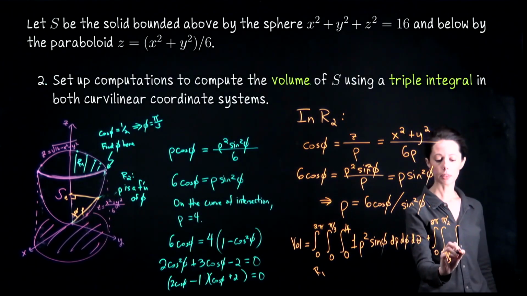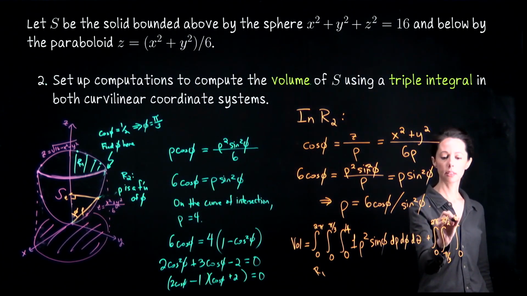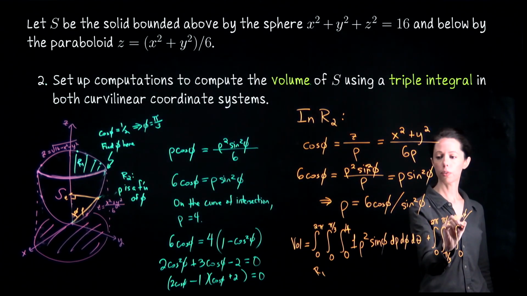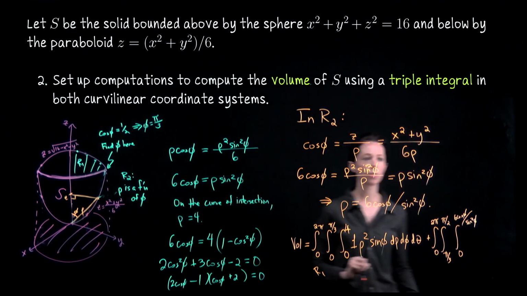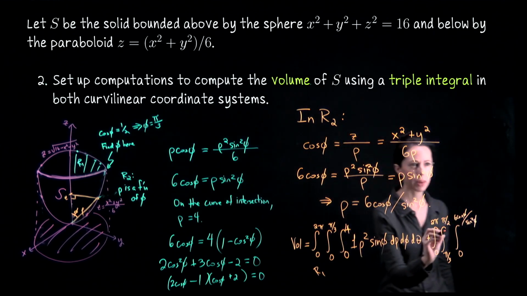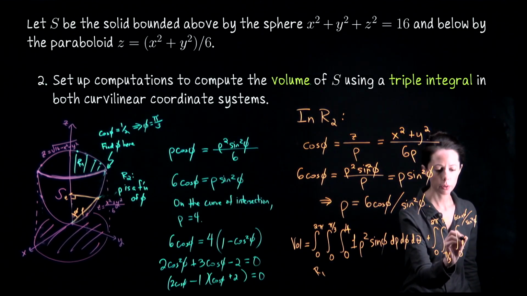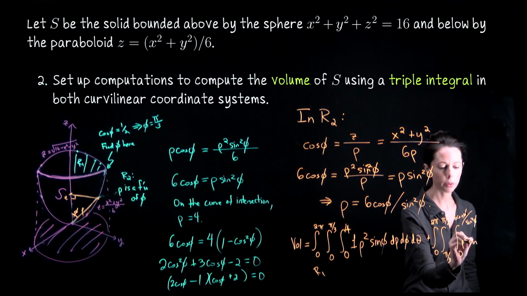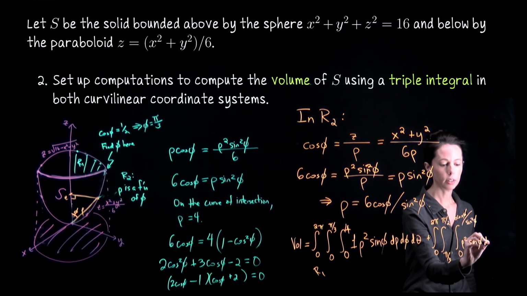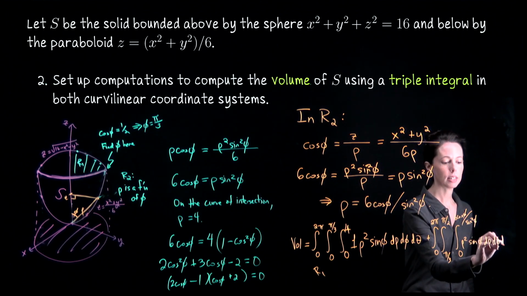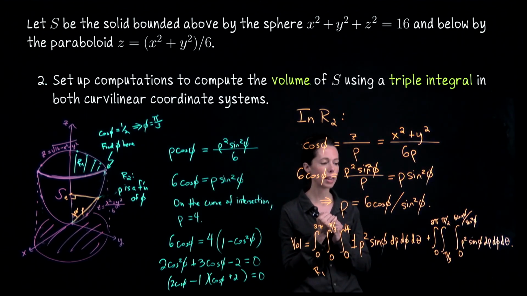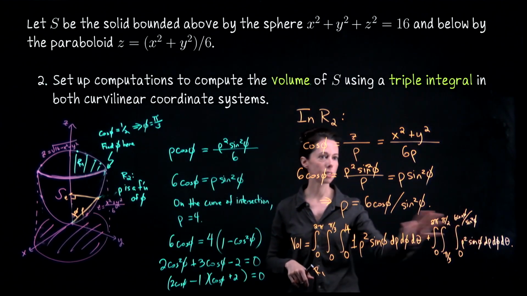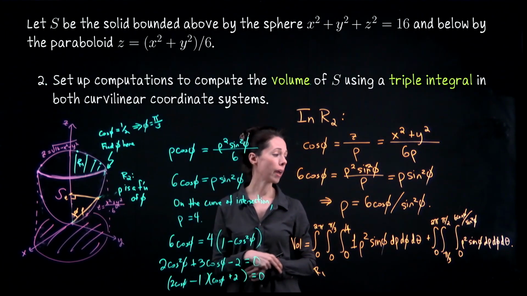So it's going to go from 0 to 6 cosine phi over sine squared phi. Okay, so those are the bounds. The integrand is the same. I hope I can squeeze it in here. It's going to be rho squared sine phi, just like in the other one. D rho d phi d theta. Okay, sorry about squeezing that all the way over on the right. But the integrand itself is the same, with the same rationale behind why those are what they are.